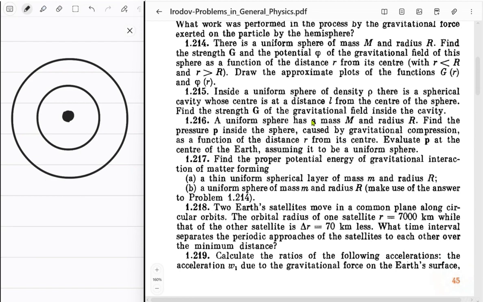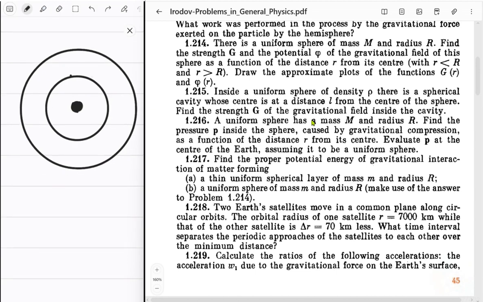Okay, and then we will need some force, some pressure on this surface, to keep these blocks from falling inside. So that pressure is P, and it's the same throughout because of radial symmetry.